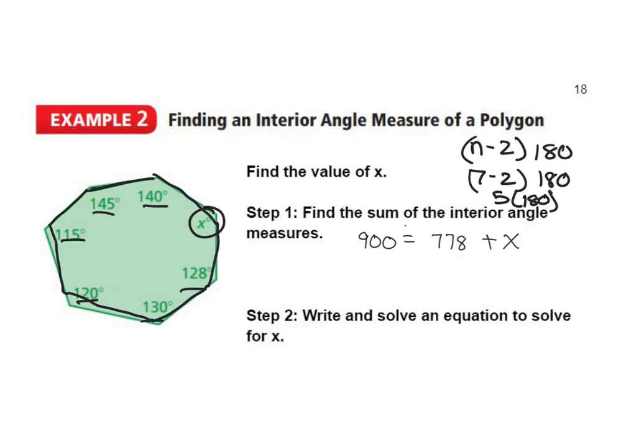That's the one we don't know. So now we take away 778 from both sides. And we get 122. So step 2 we just did, write and solve an equation to solve for x. X is 122 degrees.